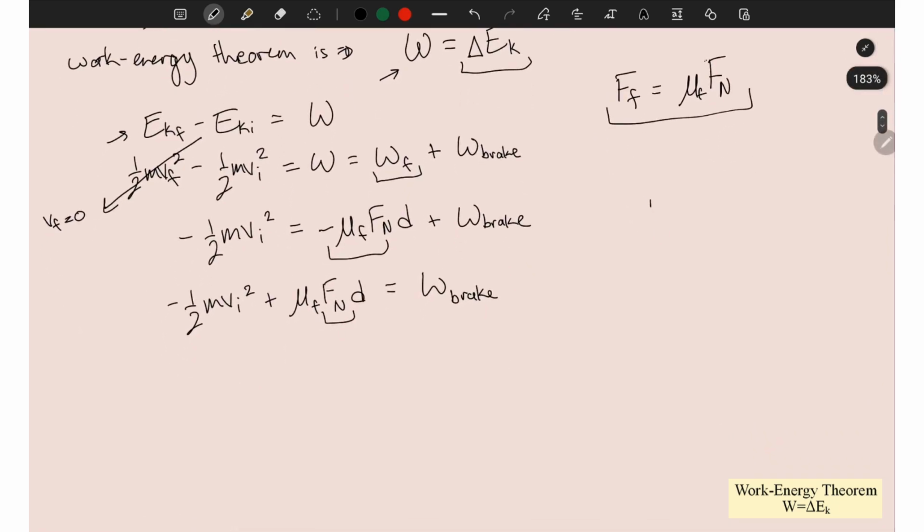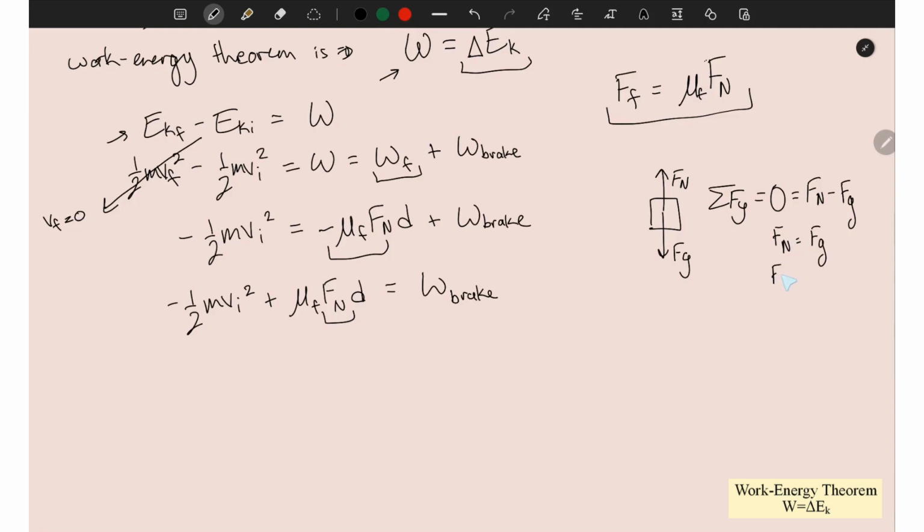So let's just do another free body diagram here. We of course have our normal force, Fg. If we sum the forces in the y, there is no y acceleration, so that's just equal to 0. And if we add them up, we have Fn minus Fg. So Fn equals Fg. You can also say Fn equals mg.